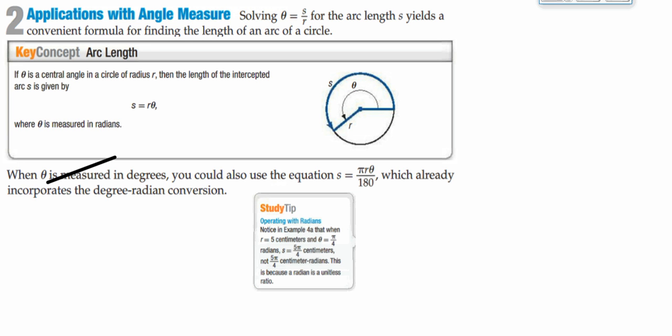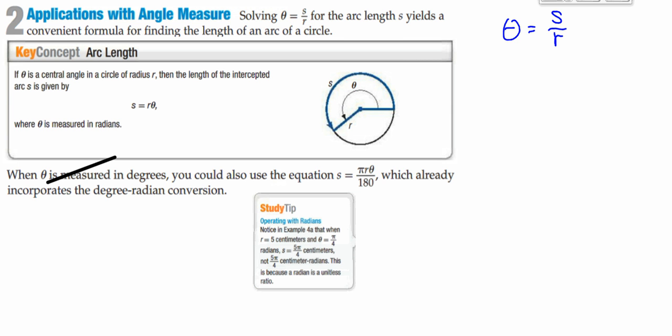On this section, applications with angle measure, we know that theta equals S divided by R, and there are three related equations here. So theta equals S divided by R, R equals S divided by theta, and S equals R times theta.